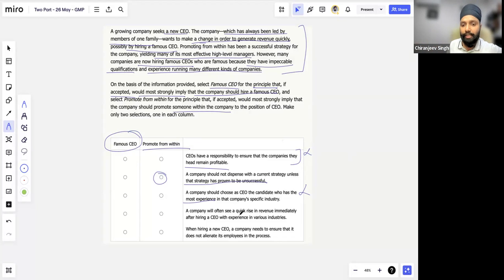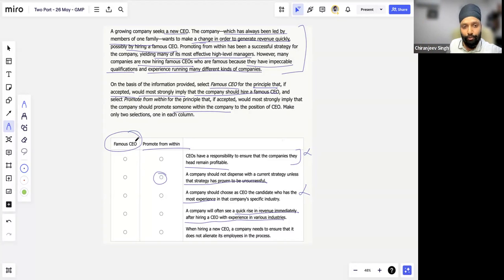A company will often see a quick rise in revenue immediately after hiring a CEO with experience in various industries. Okay, I can relate this to the fact that famous CEOs are famous because they have experience with many different kinds of companies, so possibly they have experience in various industries. And of course, when we are talking about promoting from within, that would not be a CEO from other companies, so you naturally are talking about a non-CEO person.